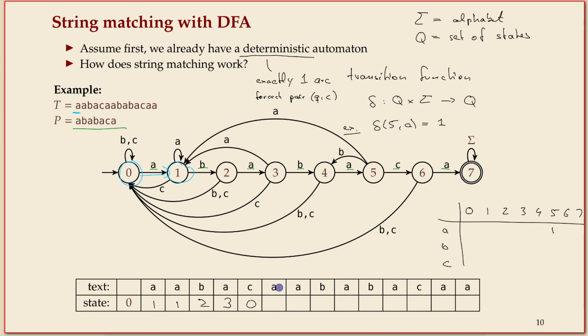All right. 0 reading an A brings us to 1. 1 reading an A brings us back to 1. 1 reading a B advances us to 2. Now we see another A that brings us to 3. We've been there before, but this time we see a B, which gets us further to state 4. From 4, we read an A, gets us to 5. And then we read a C and then an A. So you get to 6 and then 7.